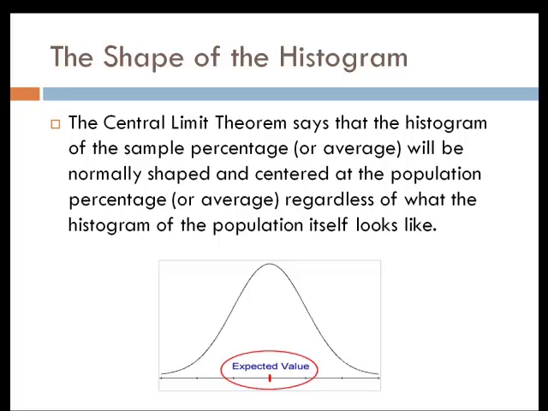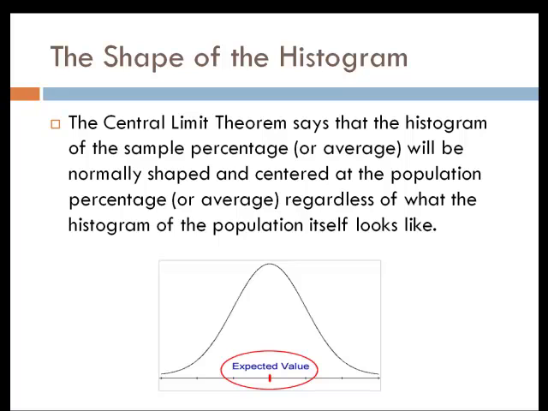Now, the central limit theorem tells us that the histogram of the sample percentage or the sample average will look like the normal curve and will be centered at that parameter that we're interested in. And that's true no matter what our original data looks like.